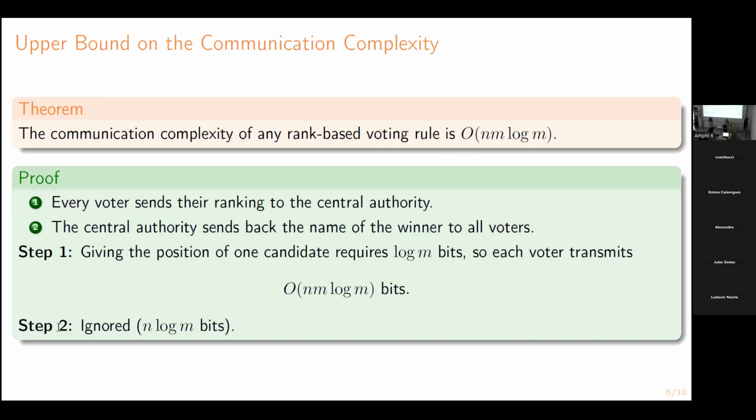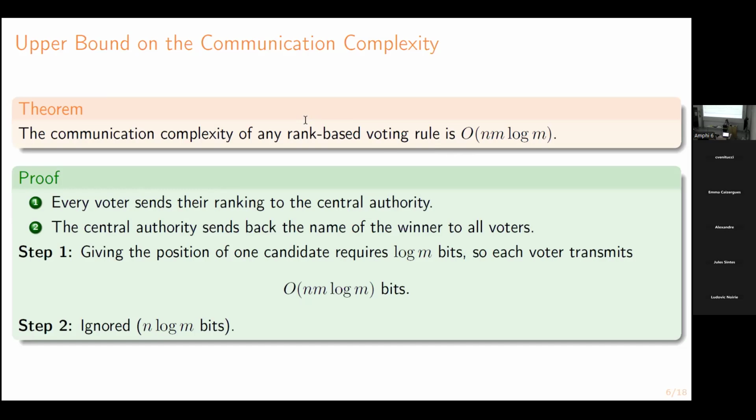Step 2, you usually ignore it because it's less than the first one; it's just n log m bytes. You just communicate the winner to every voter. So overall, the complexity of this communication protocol is big O of nm log m, and this is an upper bound for every rank-based voting rule.